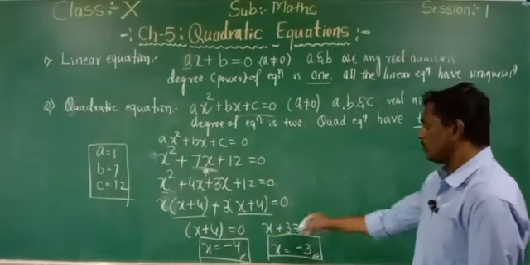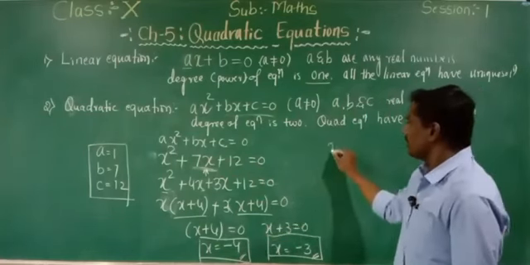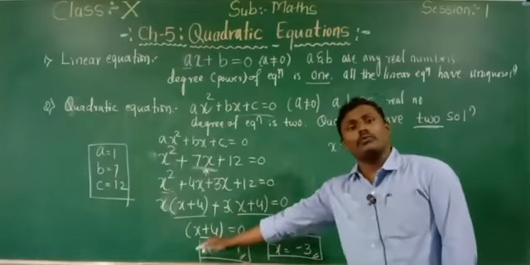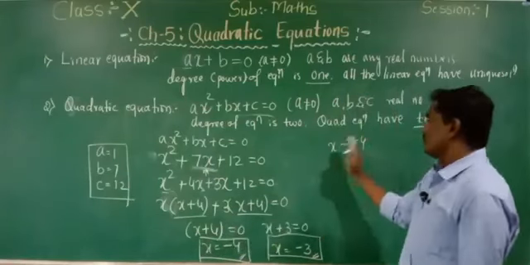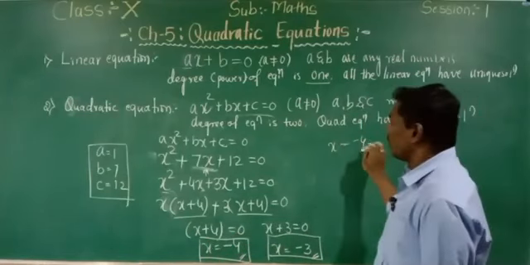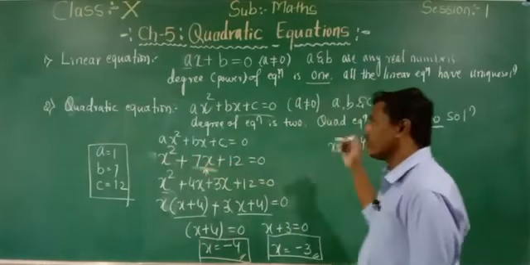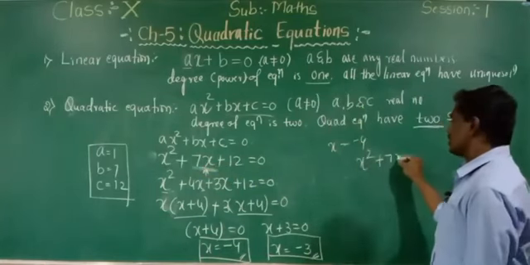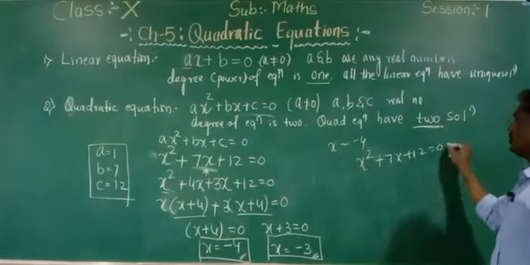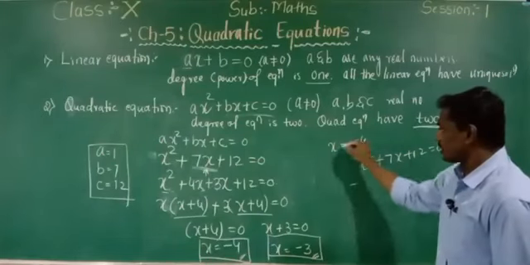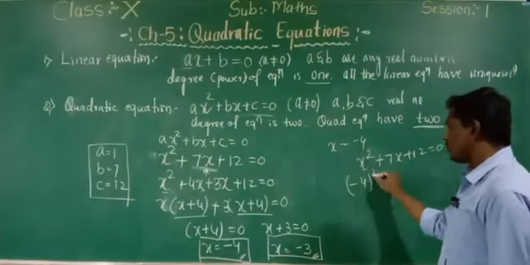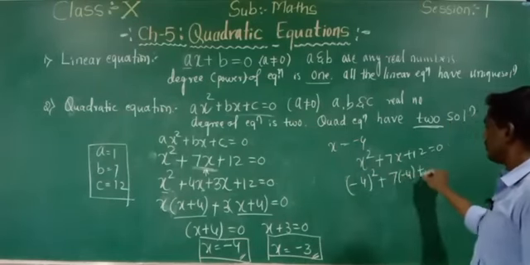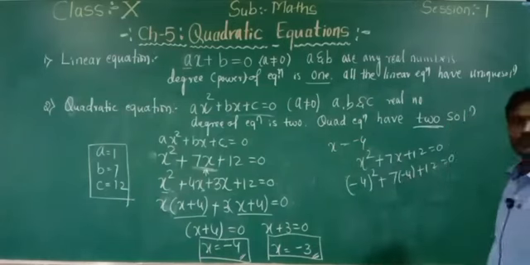For example, here I will take x is equal to minus 4 and substitute the first value of the variable in the given equation. So what is that equation? x square plus 7x plus 12 is equal to 0. Here the x value is minus 4. Minus 4 square plus 7 into minus 4 plus 12 is equal to 0.